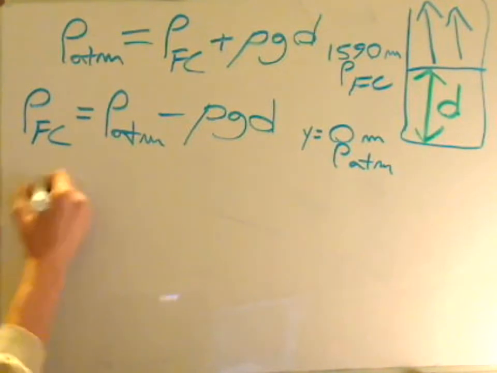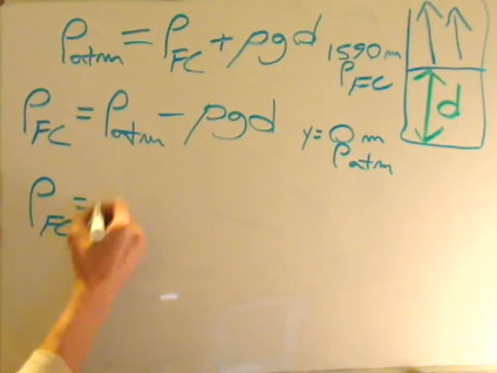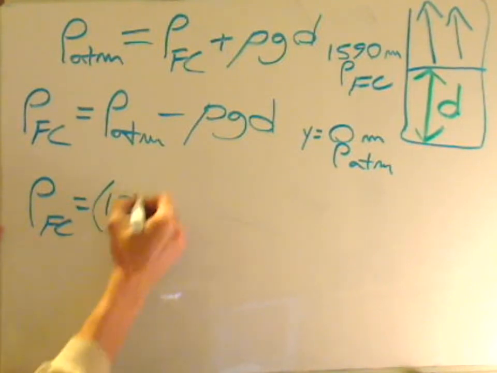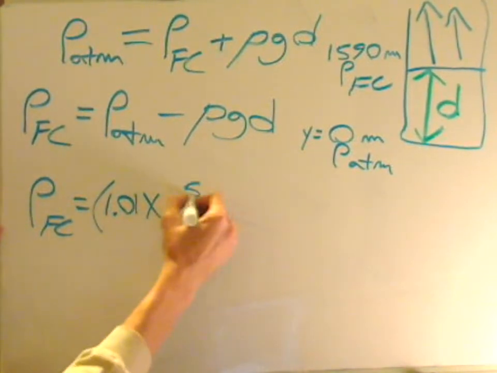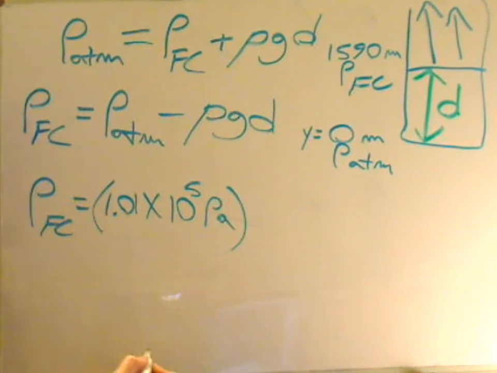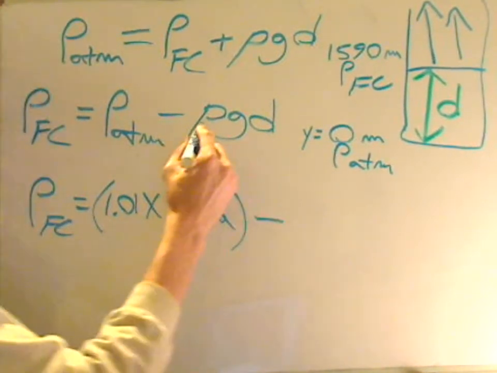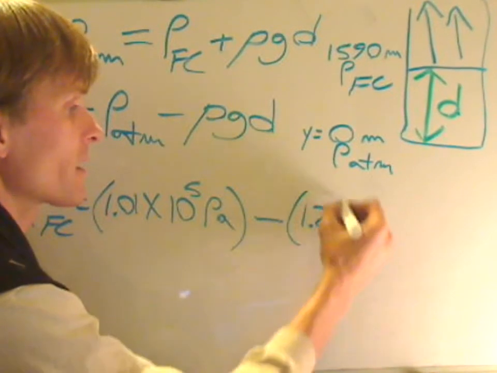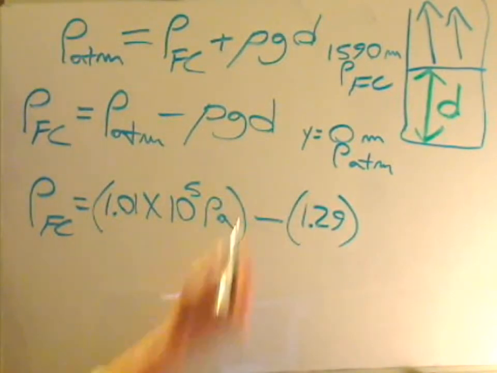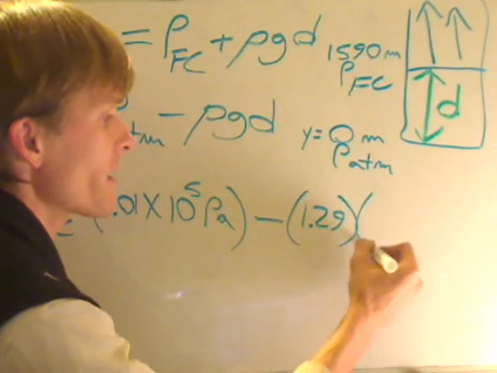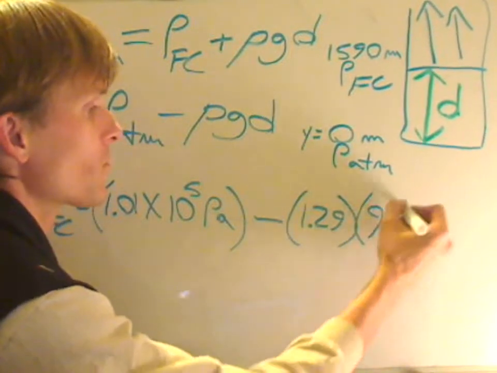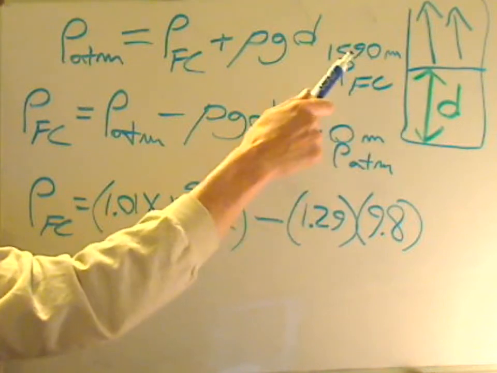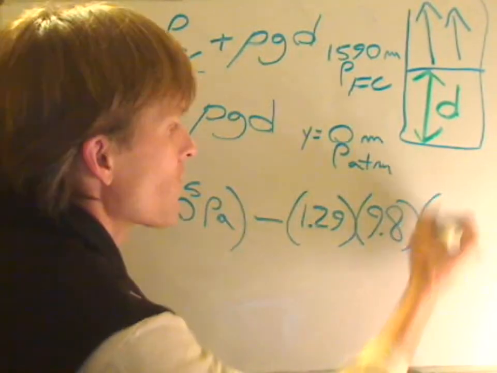So when we calculate this, atmospheric pressure at sea level is 1.01 times 10 to the 5 pascals, minus the density of air, which we're given as 1.29 kilograms per cubic meter, G is 9.8, and the thickness of this column, D, is 1590 meters.